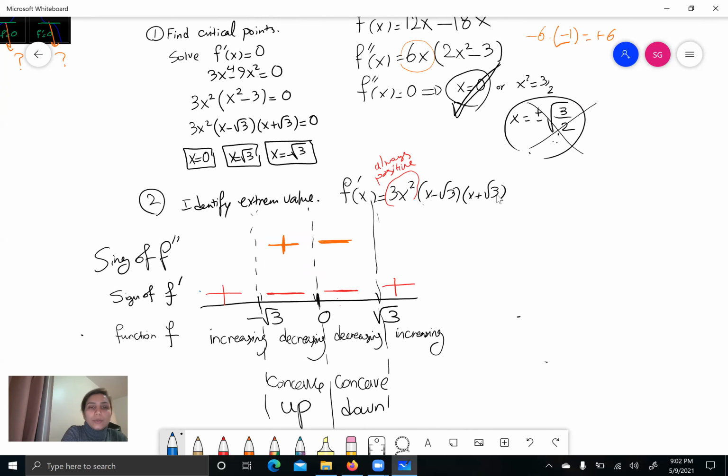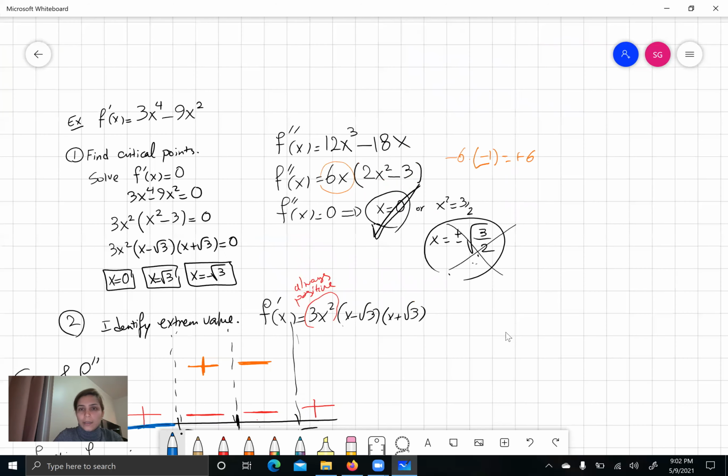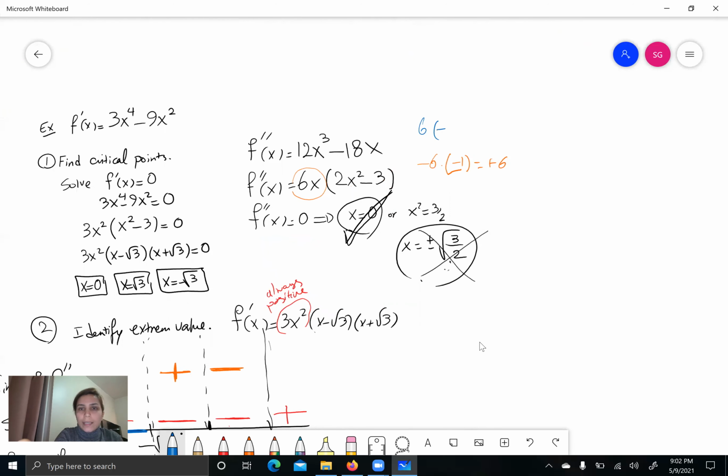My point is that I need to know about the concavity over here, between less than negative square root of 3. Okay, something like negative 2. The second derivative is gonna be 6 times negative 2, 2 times 2 squared is 4, minus 3.